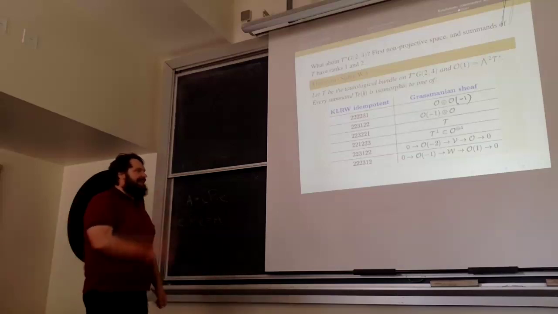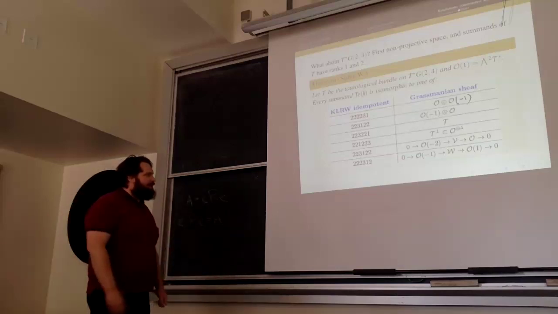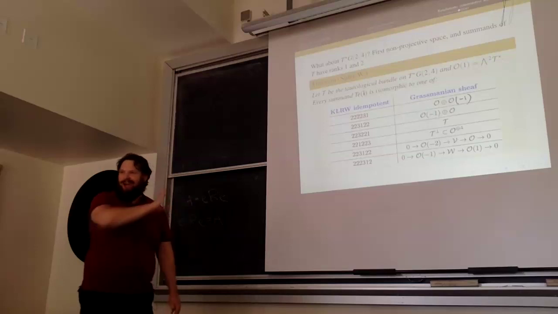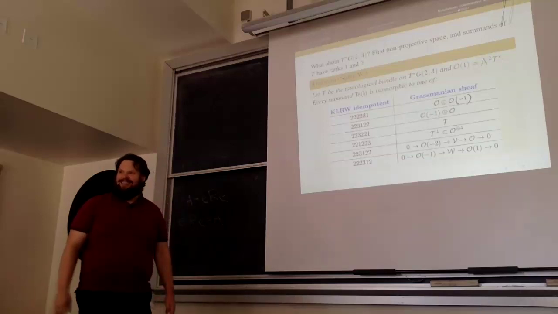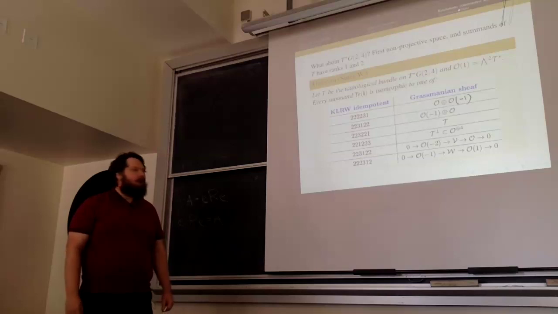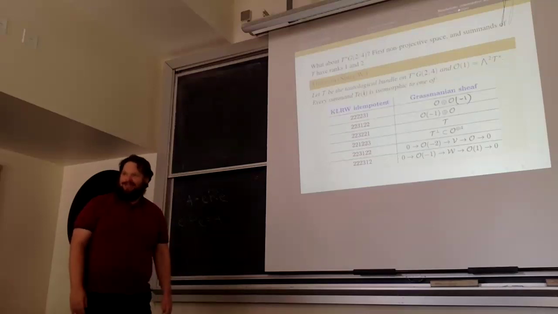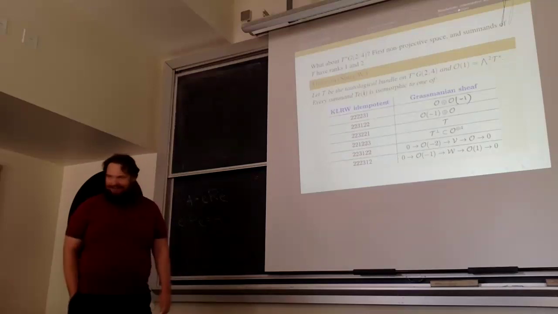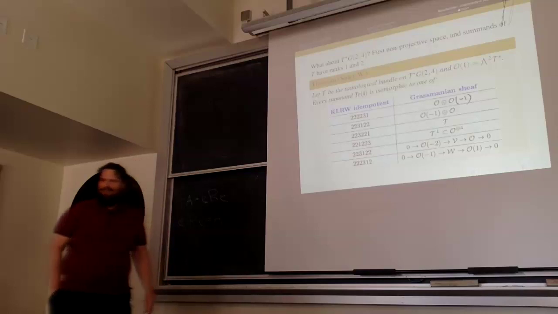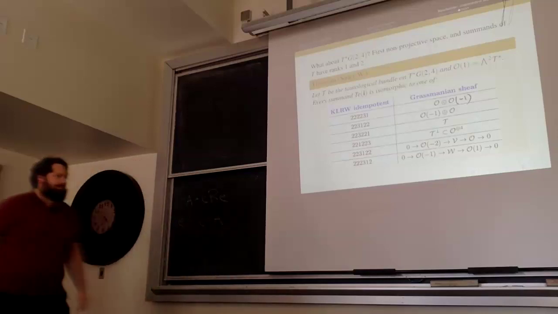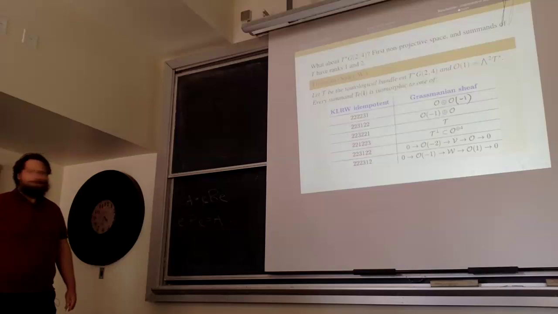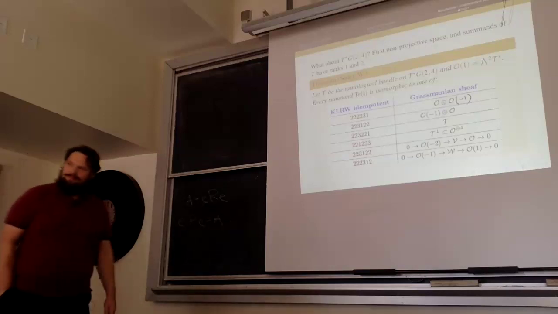And the answer is, we haven't carefully checked how the description is different if you do that. Irresponsibly guessing, I would guess that you just tensor with a line bundle, that it's the same up to tensoring with a line bundle.